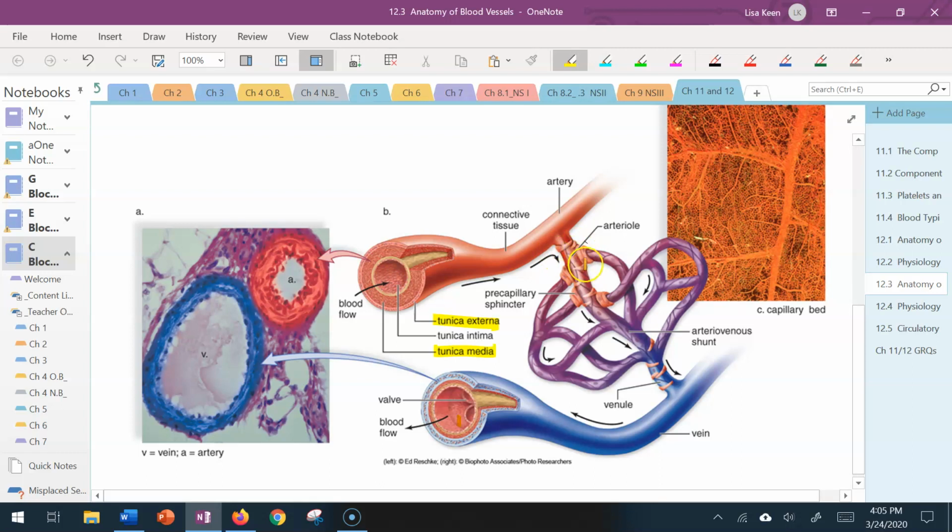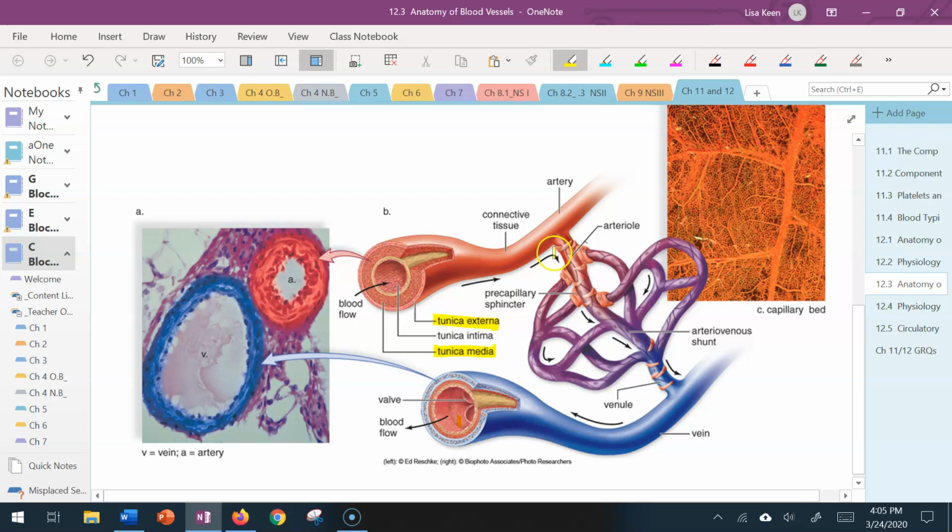Another interesting feature that we can see here are precapillary sphincters, and they can actually cause the blood flow to the capillary bed to temporarily be discontinued. And that would happen right after you're done eating a big meal. You're probably going to want to open up the blood vessels around your intestines, but then you're probably going to want to close off the blood vessels to your major muscles as you're digesting.